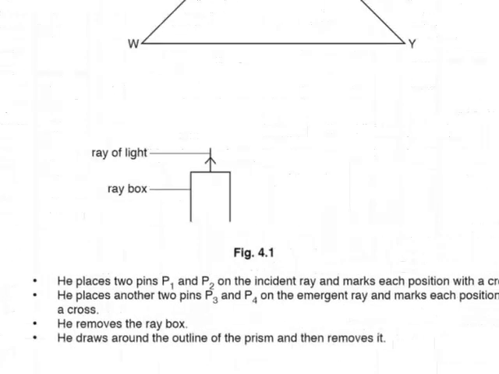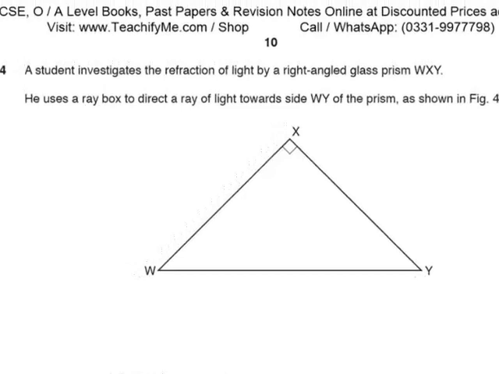Next one, last question. The last question here is also about light. We did light last time with the previous paper. The student investigates the refraction of light through a right angle triangle glass prism. He used the ray box towards the WY of the prism. So WY will be this part.